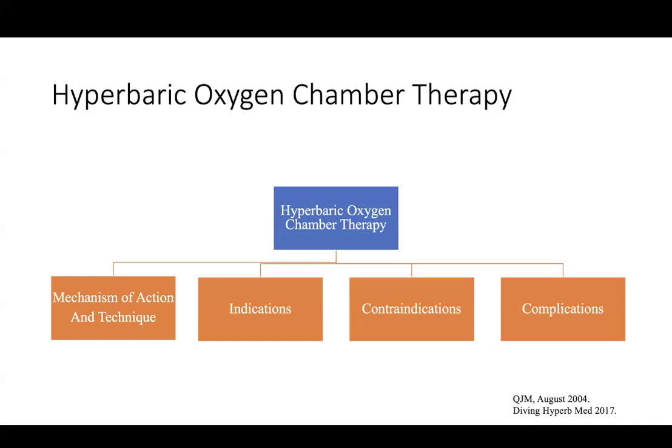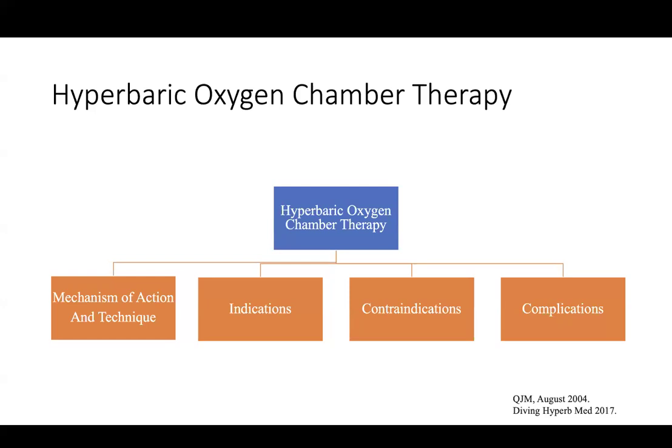Hyperbaric therapy is administered with pressurized oxygen or air, and pressures exceeding 2.8 to 3.0 atmospheres are used in these conditions. You also have to monitor the patients for complications, such as pulmonary or neurological toxicity.